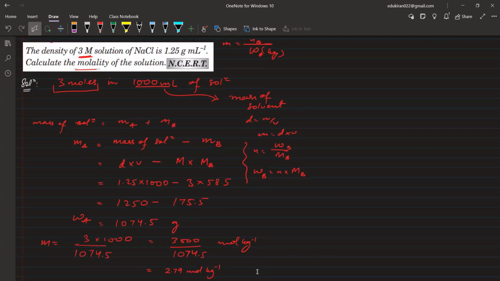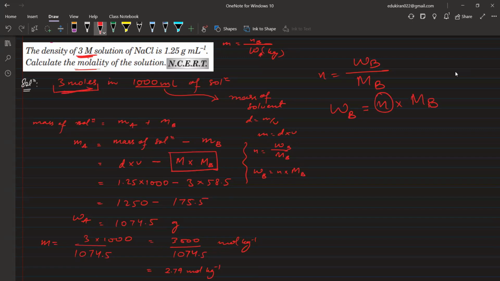Why are we doing M into MB? This will give you the mass of solute. Number of moles is equal to the given mass upon the molar mass. Right? So if I want to get the given mass, I will write number of moles into the molar mass. Number of moles is 3 moles, which is the molarity.